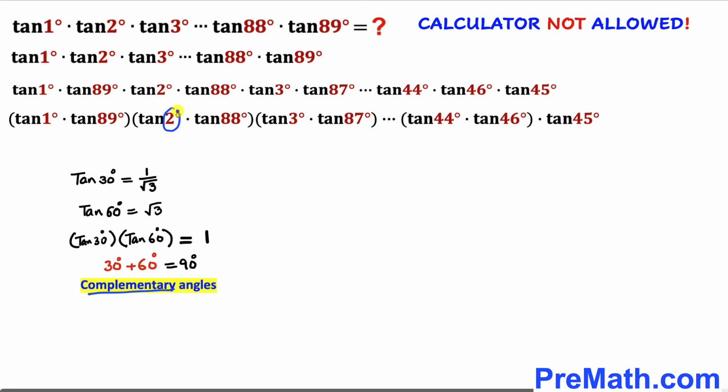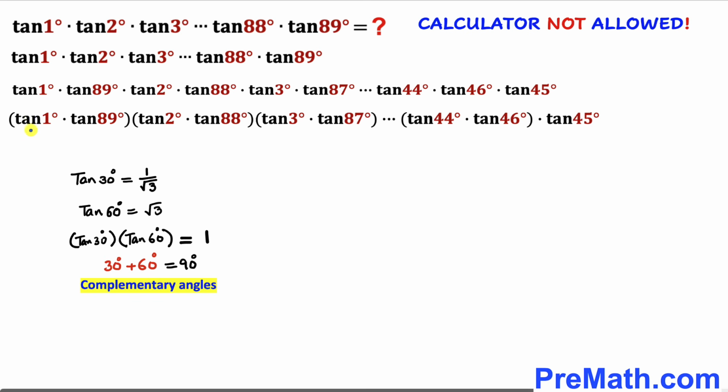Likewise, 2 degrees and 88 degrees add up to 90 degrees, so they are complementary angles as well. Likewise, 3 degrees and 87 degrees, and finally 44 degrees and 46 degrees, are complementary angles as well.